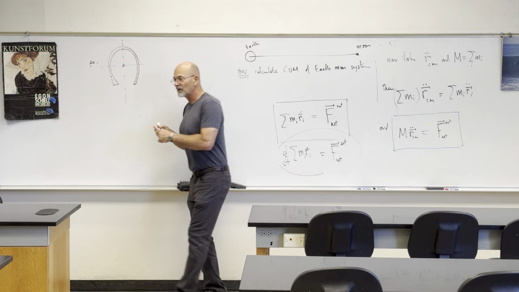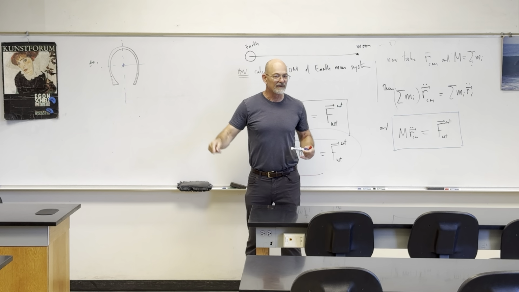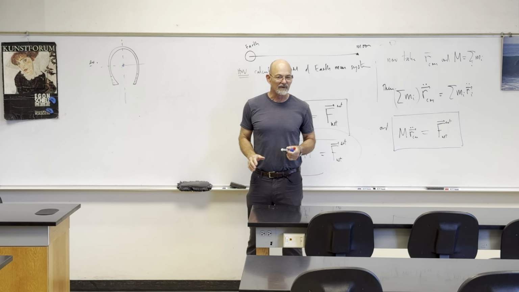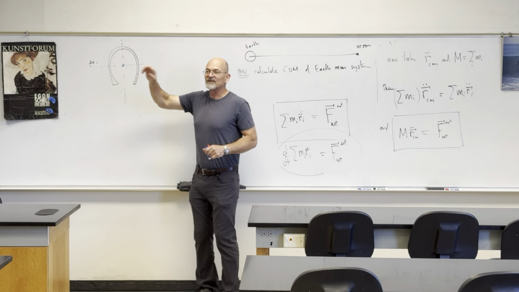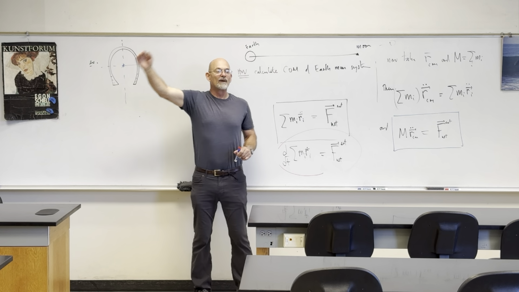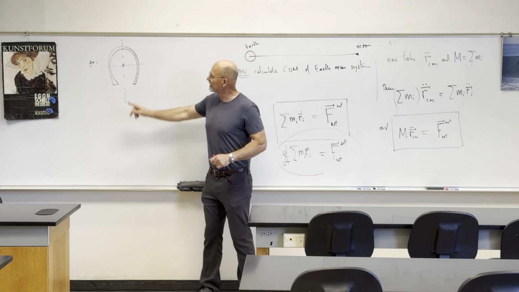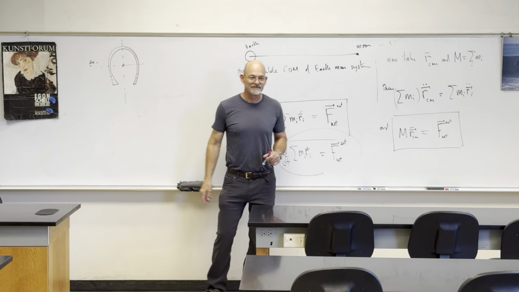So when you throw the horseshoe, it can tumble and do what it does. It's a nice iron one, so wind resistance, no problem. But it's this point here that's actually moving along a parabola, right? This point here describes the parabola.